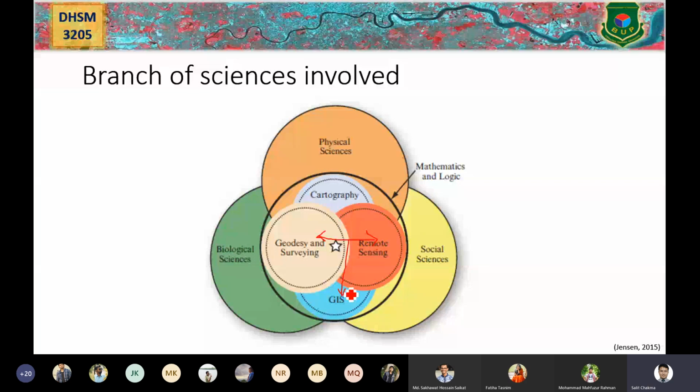The easiest way is to bring these two land cover maps into the GIS environment, and then do the analysis to find out the changes between 1990 and 2020: how the urban area has evolved within this time, how the water bodies, the wetlands, and the vegetation changed. Okay, so that's how GIS, remote sensing and geodesy are connected.